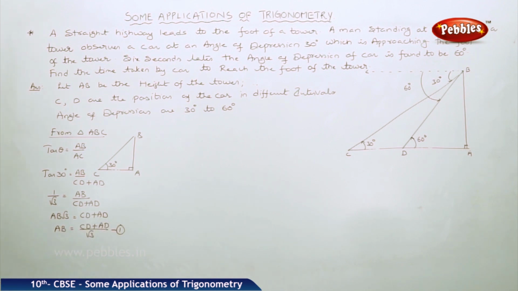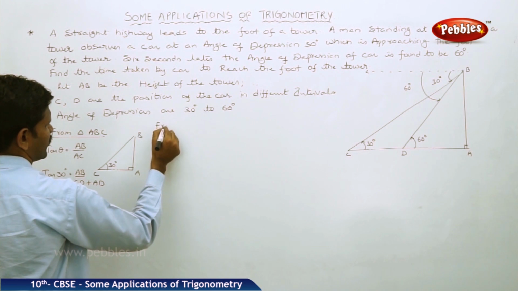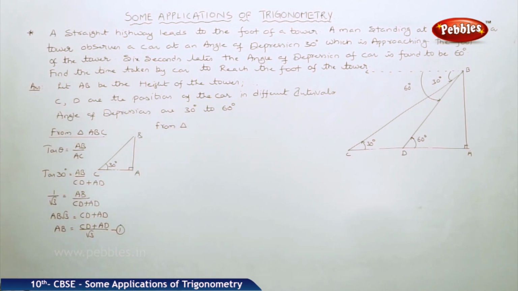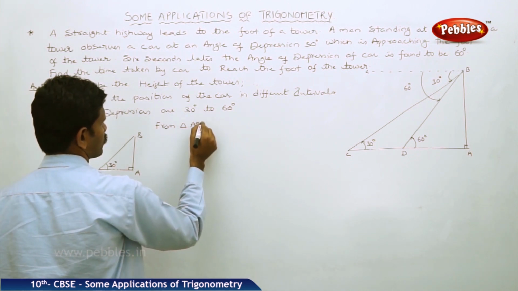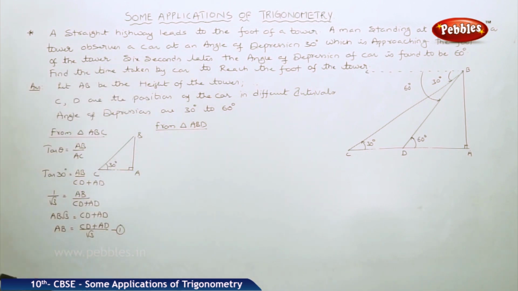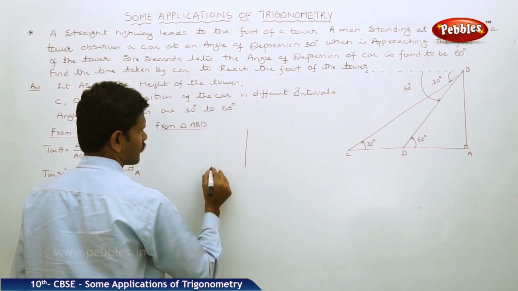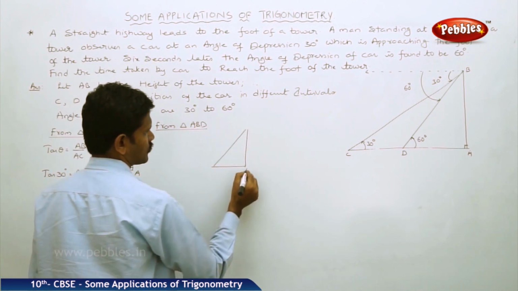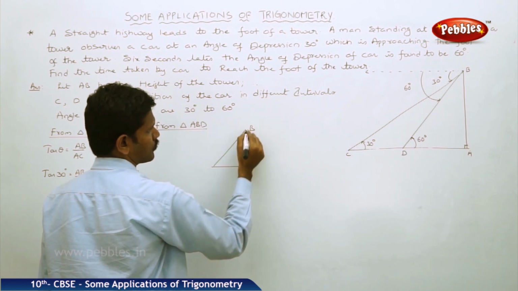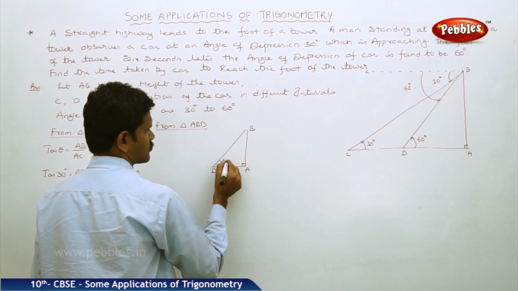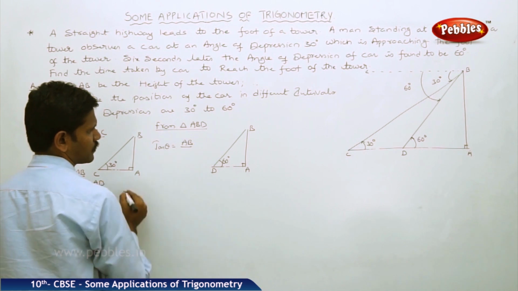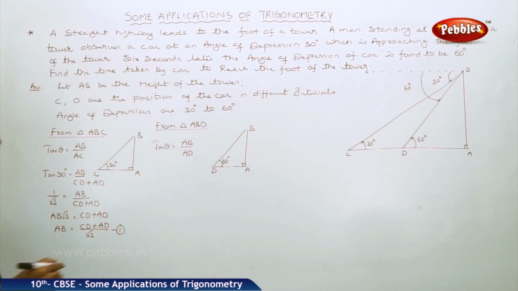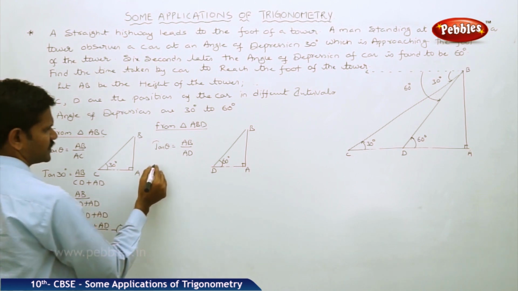Next, from triangle ABD, take the diagram out. Right angle is at A. Tan theta is equal to opposite side AB by adjacent side AD.